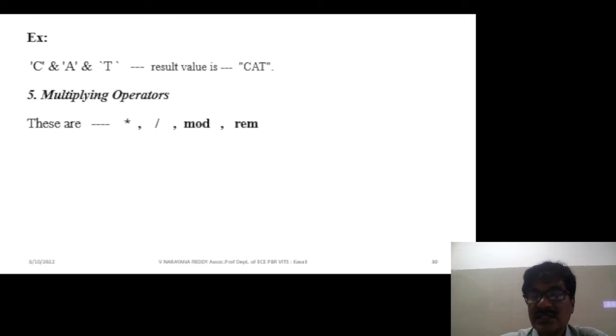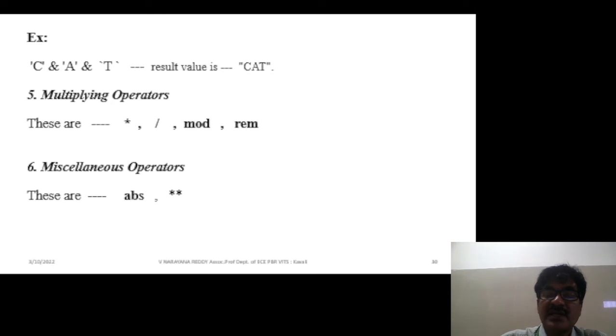These four multiplying operators perform multiplication, division, modulus, and remainder. For miscellaneous operators, there are two: ABS for the absolute value, and double asterisk, which represents the exponent.